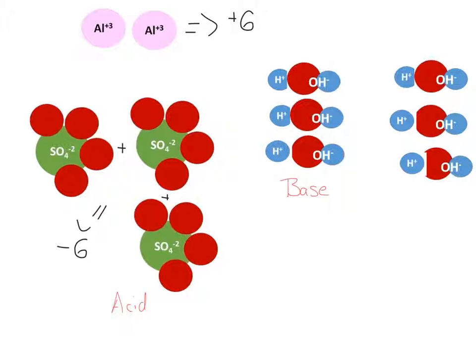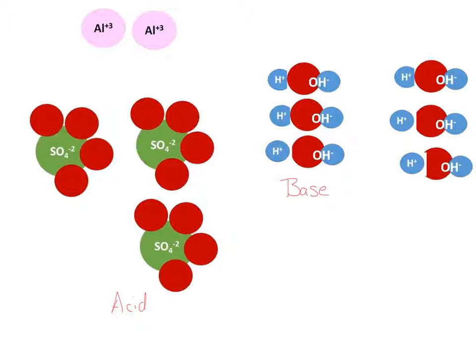We have a -6 charge here and a positive 6 charge here. And if we add those together, -6 plus 6, we get 0. And our net charge of 0 means that we have now a molecule that is balanced. So our aluminum and our sulfate are all going to come together to make aluminum sulfate.